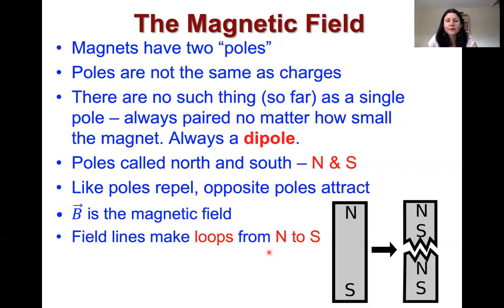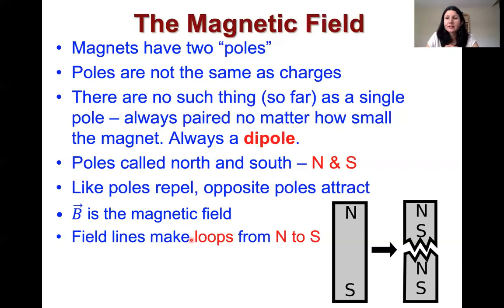So because there's no such thing as a monopole and there are only dipoles, these field lines cannot be straight lines. So we saw in my review that I just did with your single charges, when you had the single positive and negative charges, you had these straight field lines, which started at positive charges, ended at negative charges, but they went off to infinity or came from infinity.